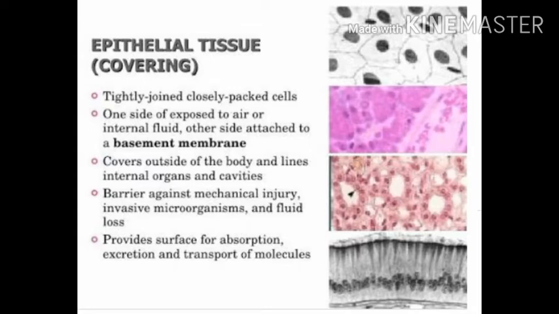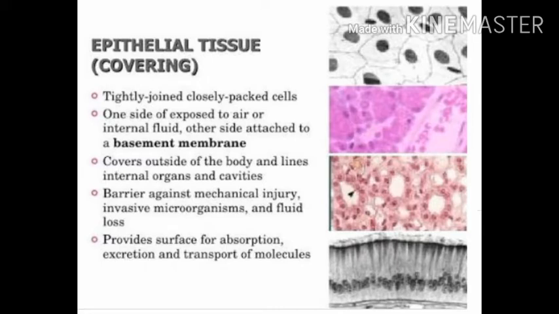Epithelial tissues are covering tissues, meaning they are present on the outer surface of the body. They are also present as linings of internal organs and cavities. The main function of epithelial tissue is they act as a barrier against mechanical injury.